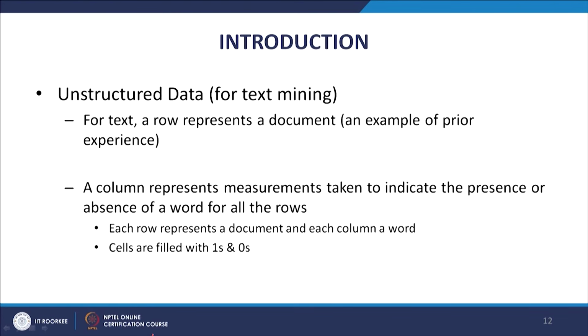So, each row represents a document and each column a word, and the cells in the tabular layout are filled with ones and zeros. If that word is present in that document, then 1; if it is absent, then 0.